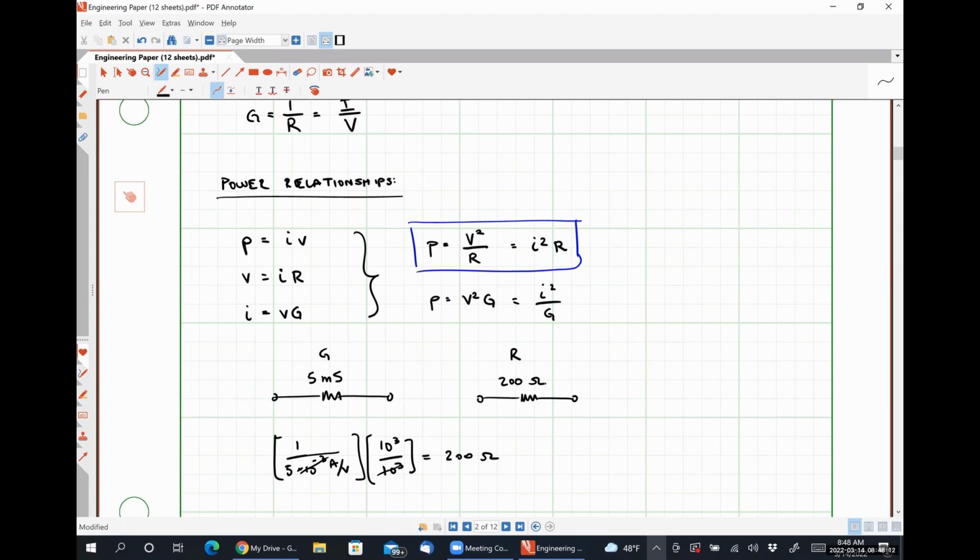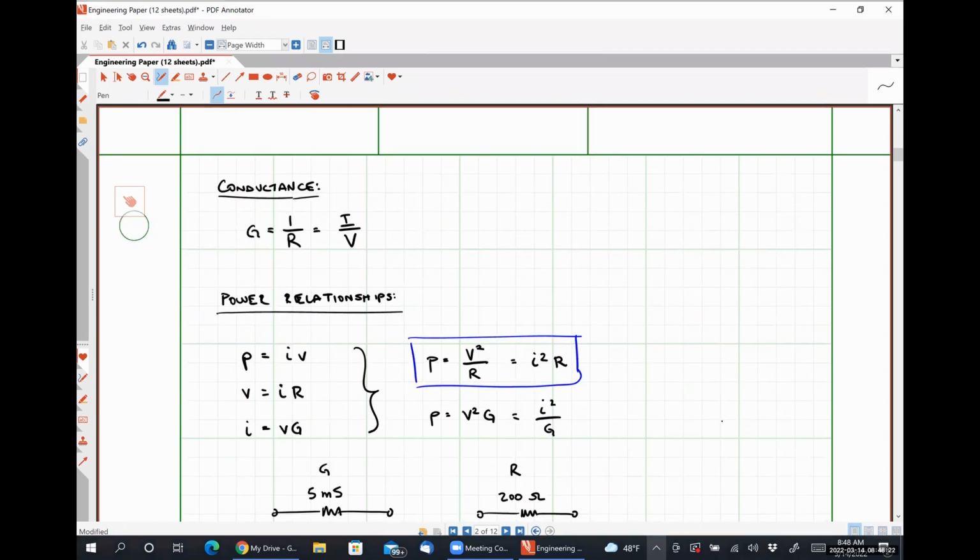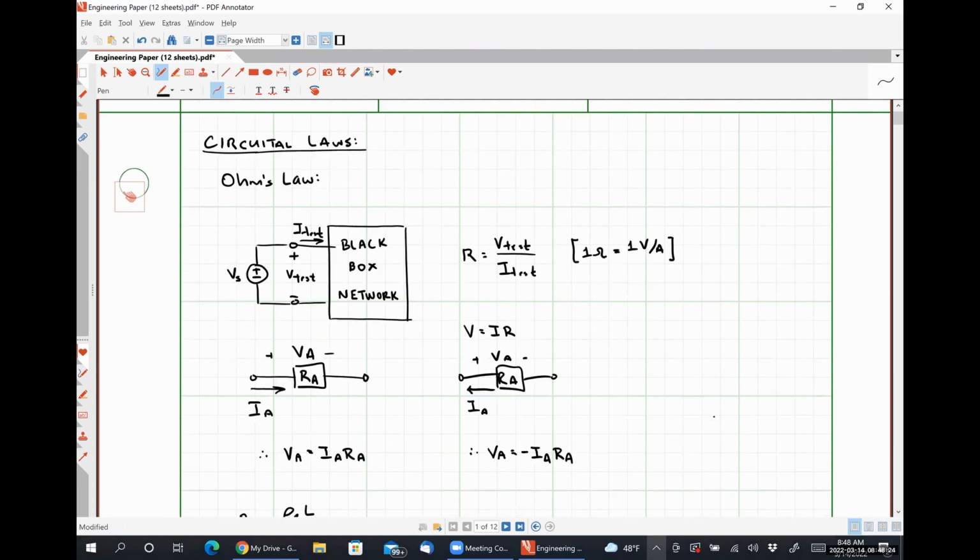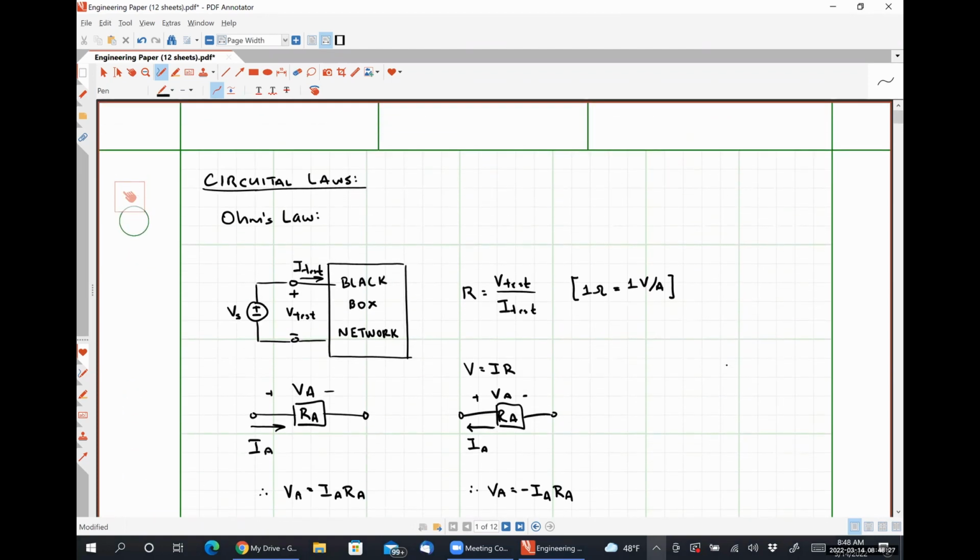Basically, what is happening in a conductor versus a resistor? They're identical. Let me go back up to the very beginning. If we have a black box network and we observe a linear relationship between voltage and current, and we take the constant of proportionality to be voltage over current, we get resistance.